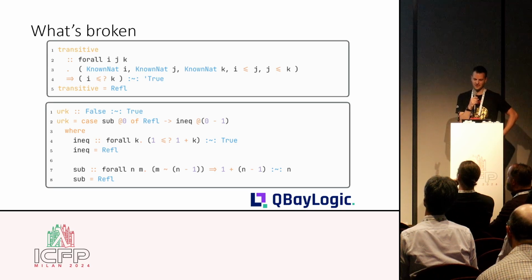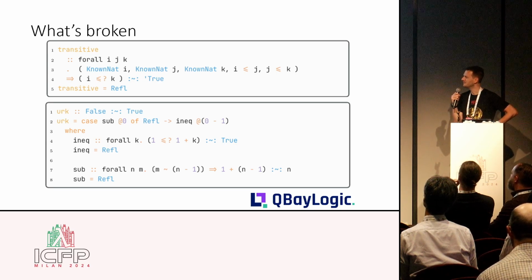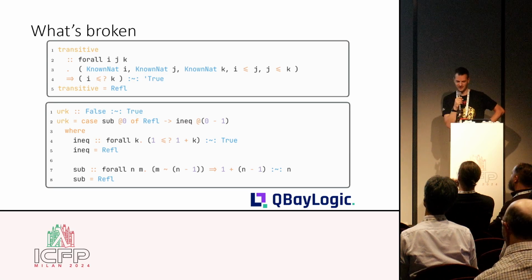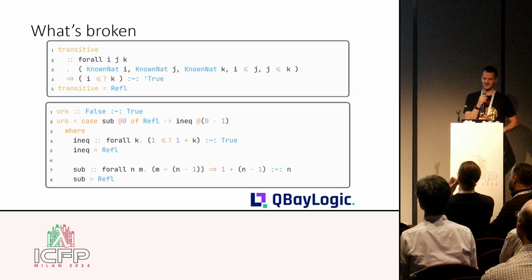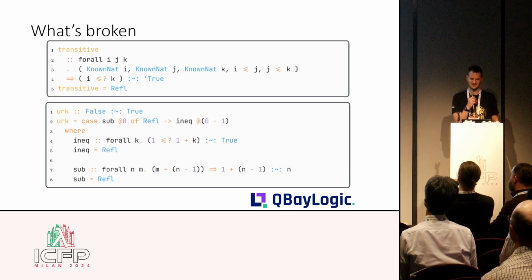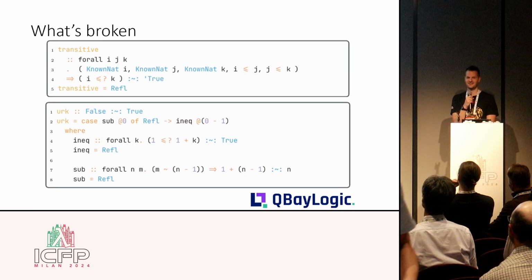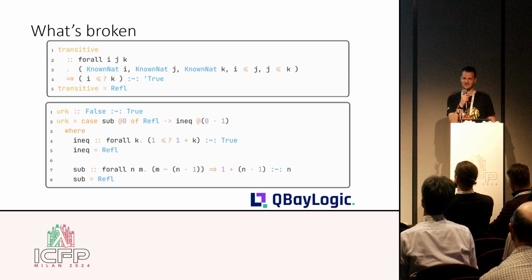It refuses to solve it. And also there were bugs. If you turn on the current plugin, you can build a proof that False is equal to True. So that's very highly undesired. Somebody can probably turn this into an unsafeCoerce.